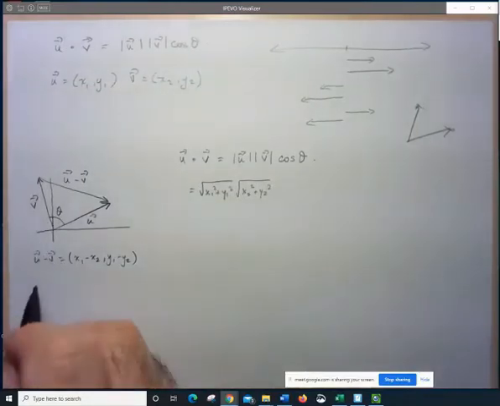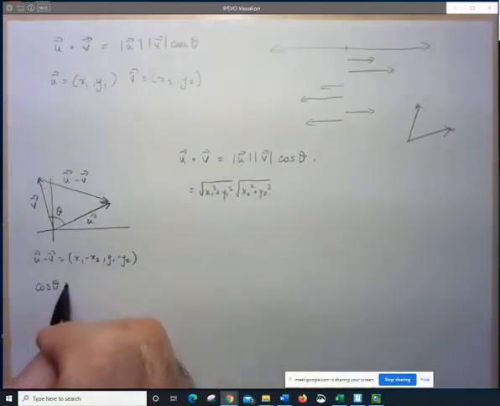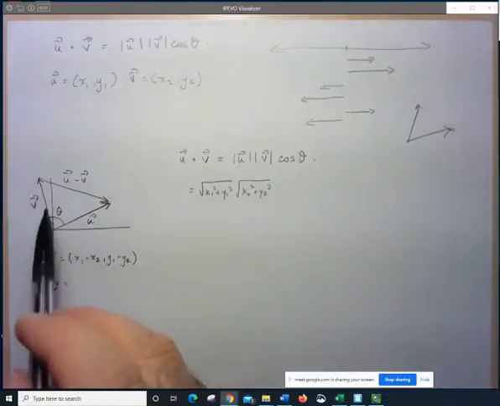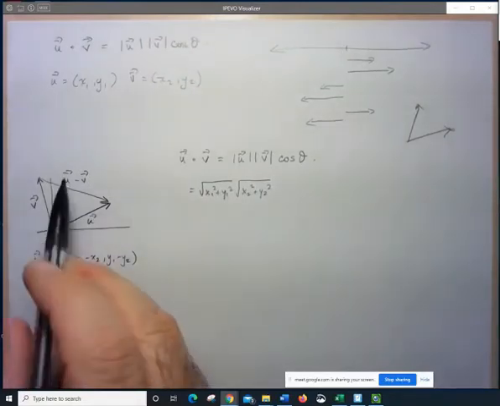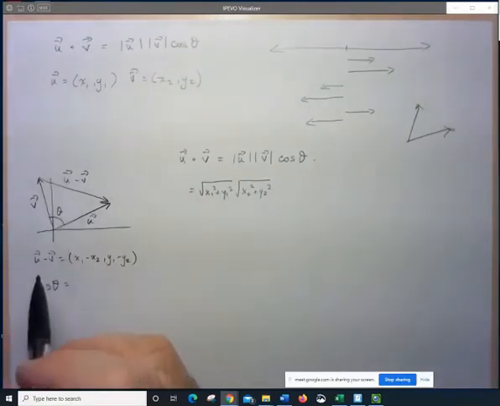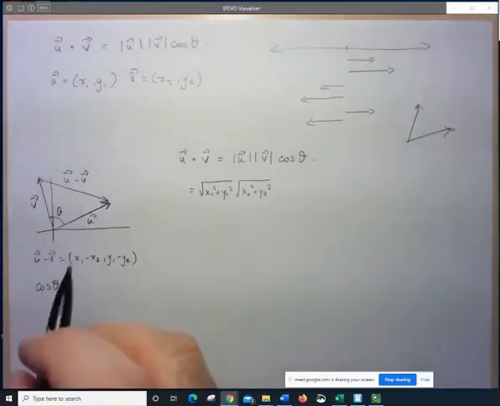So what is the cosine of theta going to be equal to? Well, I just rearrange the cosine law the way I normally would. I start with the opposite side squared.